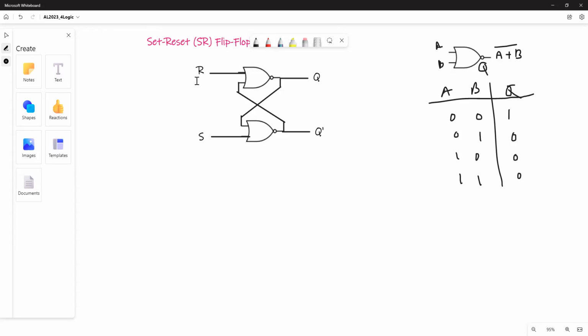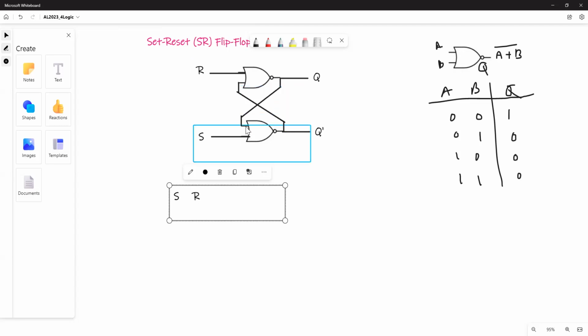When you write or draw the truth table for this, we have to be careful because the output is also connected to the input. So when you talk about S and R, you might think we have S and R as the input. No, not only S and R, you are getting some input from the previous state, isn't it? So that means you have to take that one into consideration also.